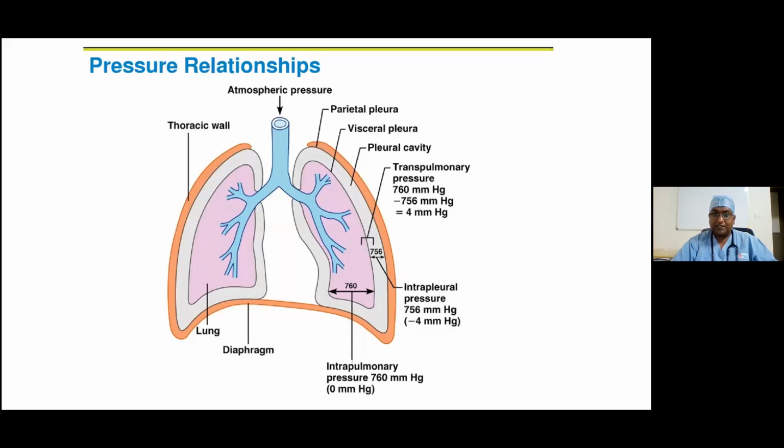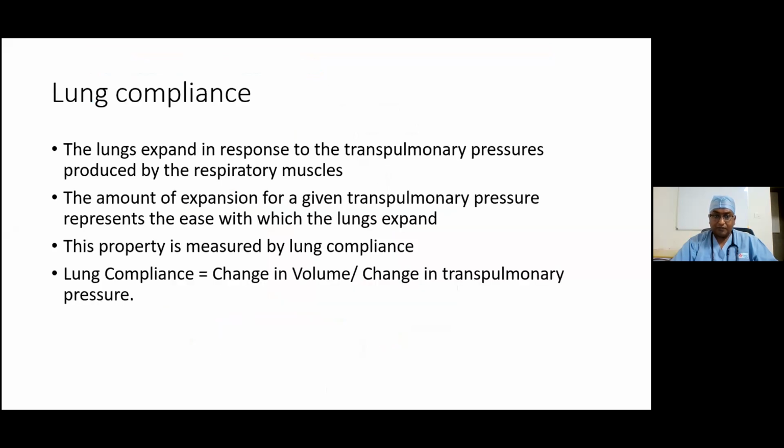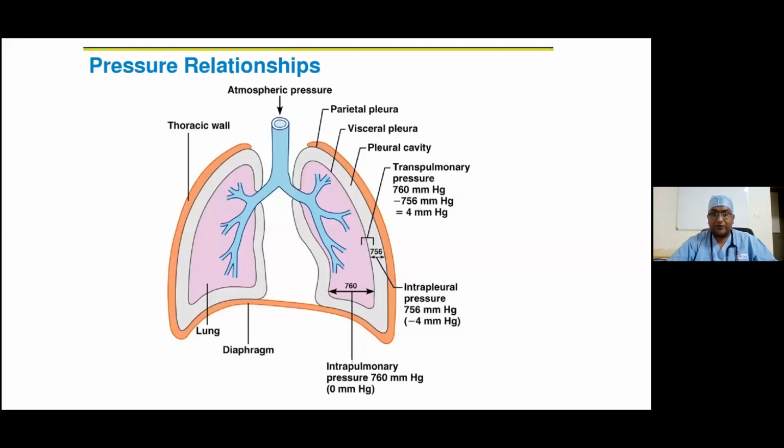That is actually the difference between the airway pressure and the intrapleural pressure, which normally is 4 millimeter mercury. And you have the transpulmonary pressure, which is almost similar to the atmospheric pressure.